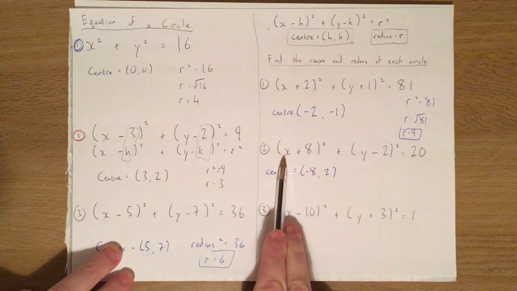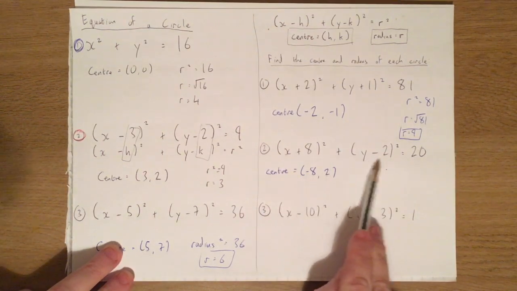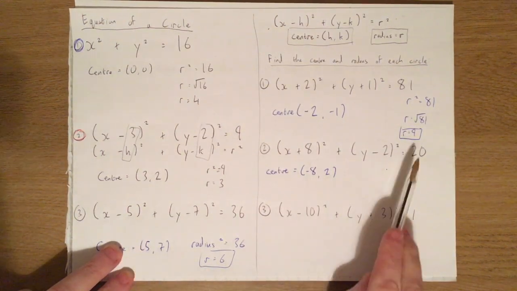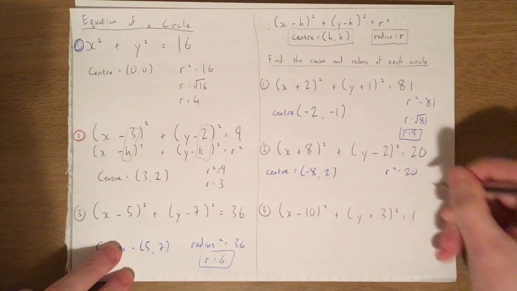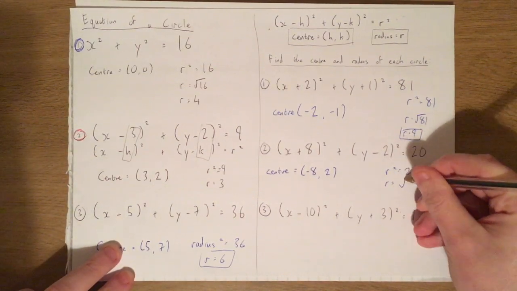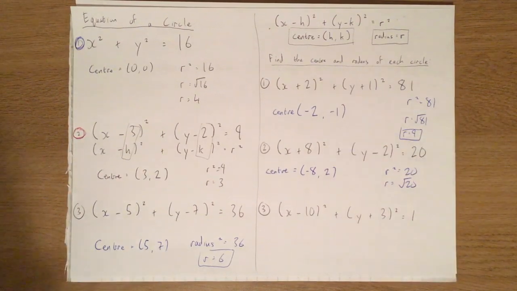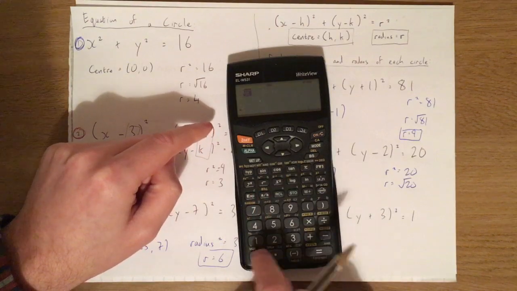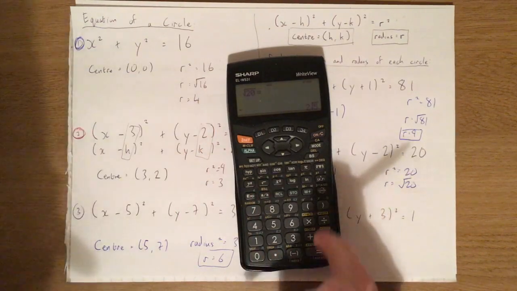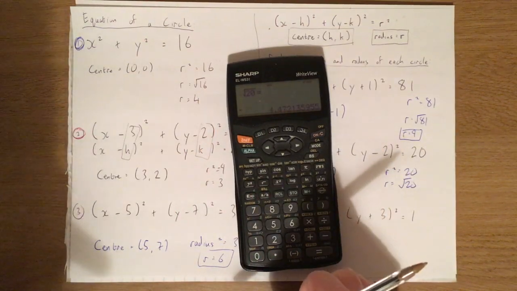Whatever's with the x, that's the x coordinate. Whatever's with the y, that's the y coordinate. The radius then: r squared is 20, so r is the square root of 20. That one's not one I know, so root 20 is equal to 2 root 5, or 4.47.